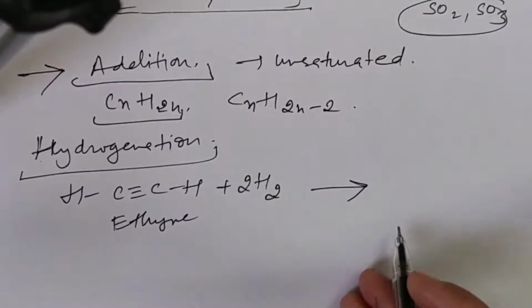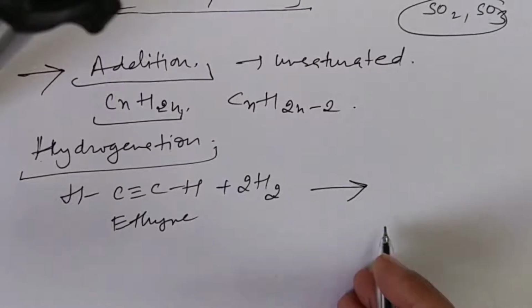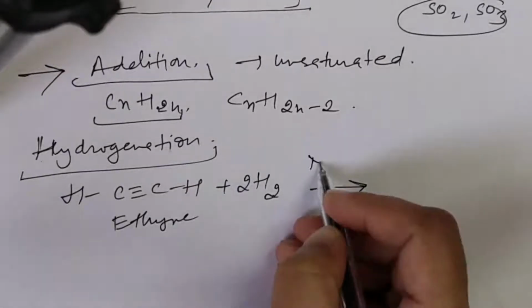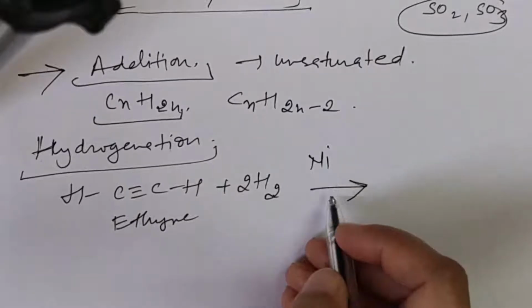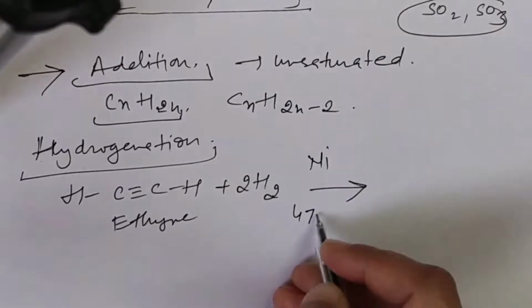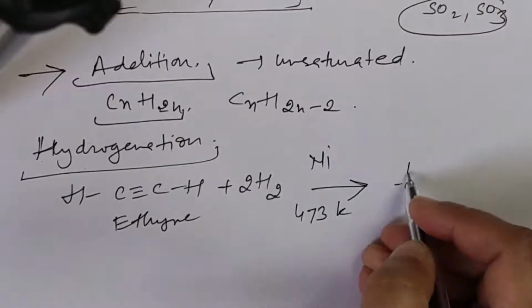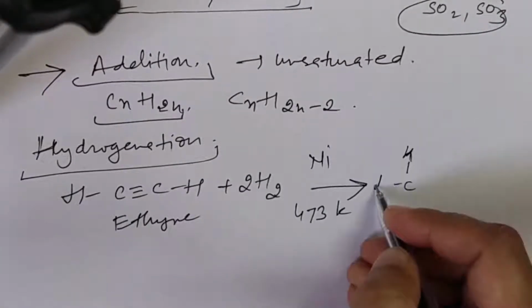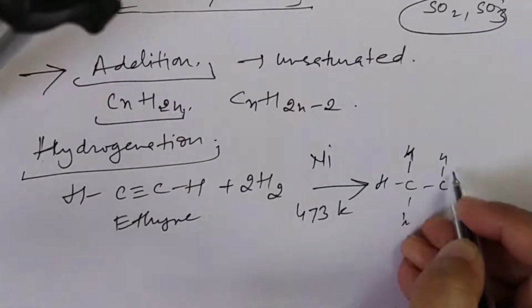Are you getting the point? See here, in the presence of nickel catalyst at 473 Kelvin, it will be converted into a saturated compound, which is the ethane molecule.